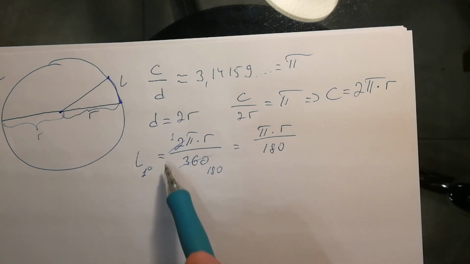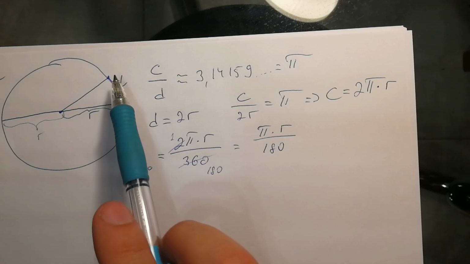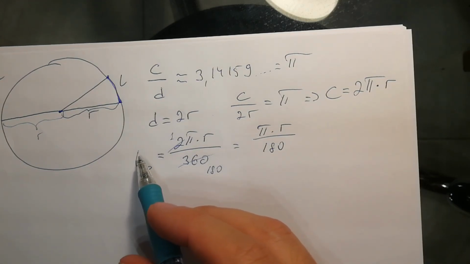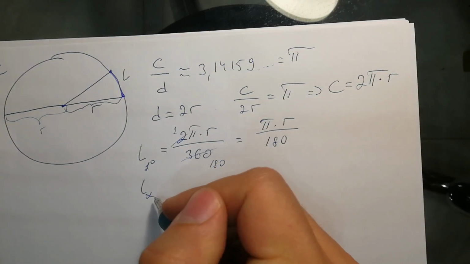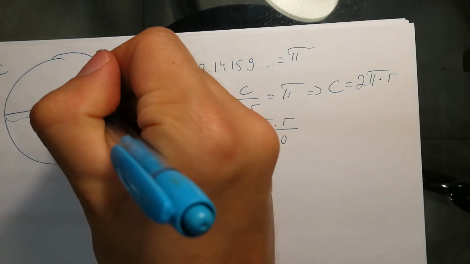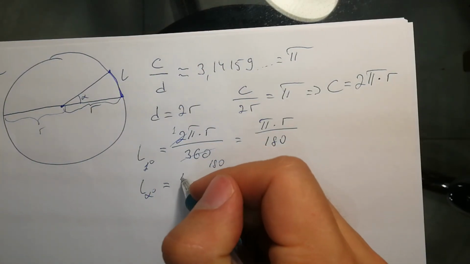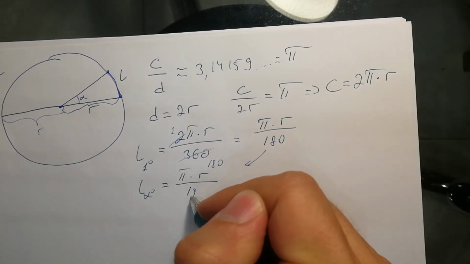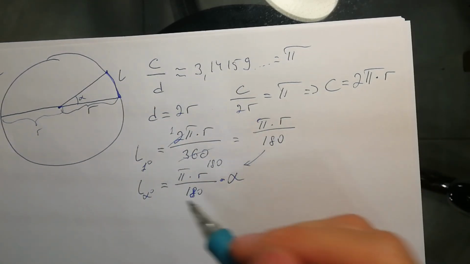Because here we obtain the expression for the length of the arc with 1 degree, but if we want to calculate the length of the arc for any degree, for example L alpha, with angle alpha, we should multiply our expression by the value of alpha.